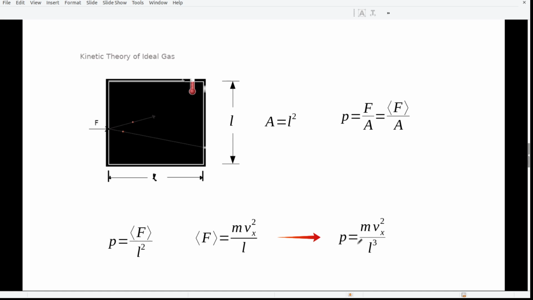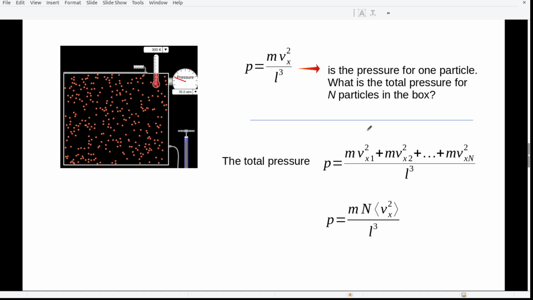So now the pressure is mvx squared over L cubed. And what's the L cubed? That's the volume of the box. So it's mvx squared over V, because volume is L cubed. I could replace L cubed with volume anytime I see it, but let's not worry about that. That's the pressure for one particle.